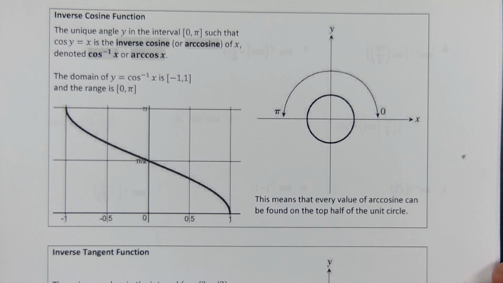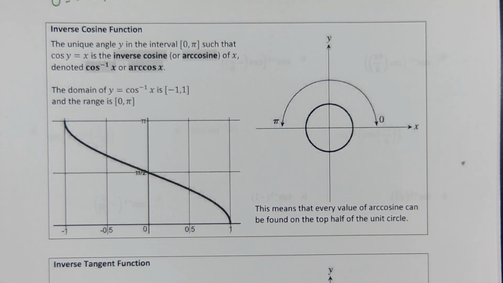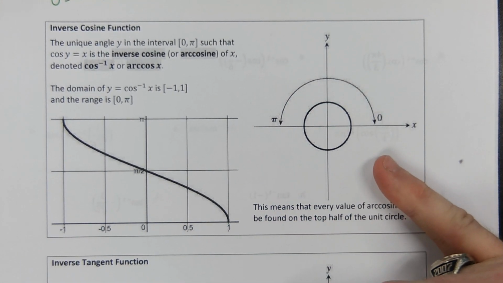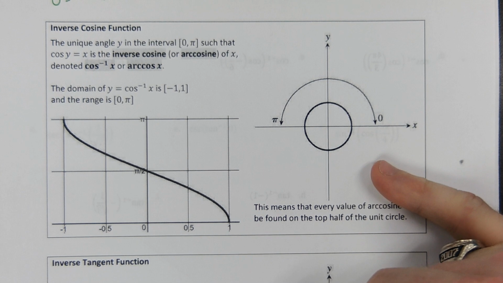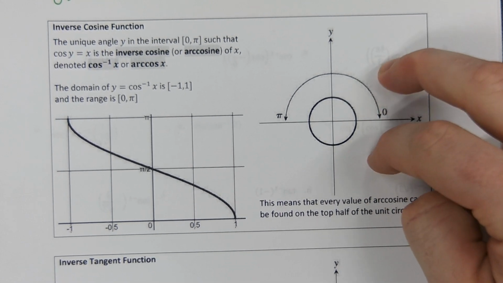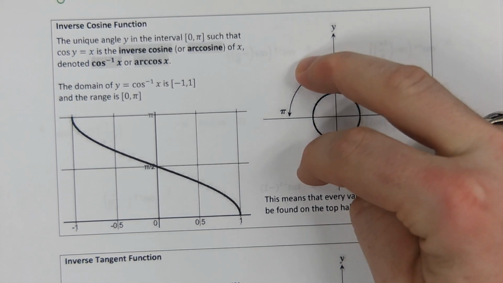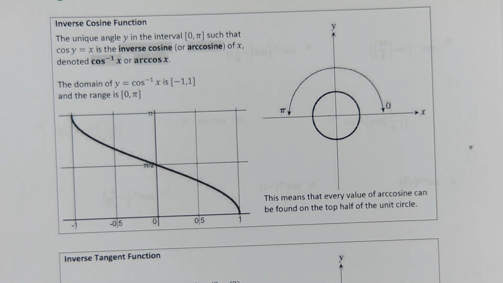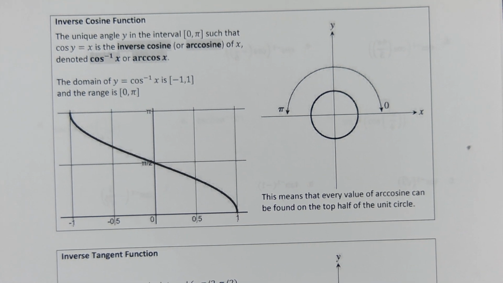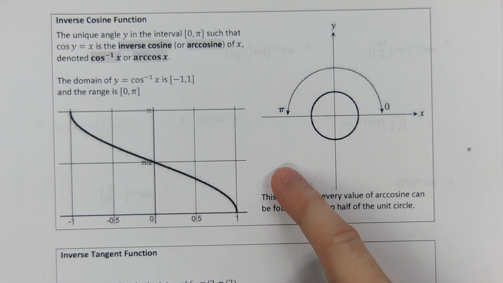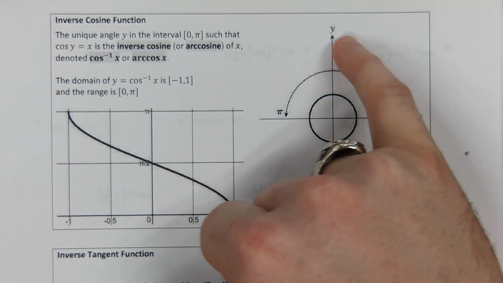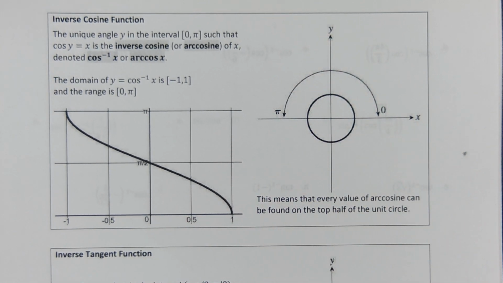Cosine plays slightly differently though, because remember, ASTC. Cosine is positive in these two quadrants, negative in these two quadrants. So the first time cosine would be negative would be quadrant 2 or quadrant 3. But you're not going to go to quadrant 3 and pass quadrant 2 when you could have stopped in quadrant 2.